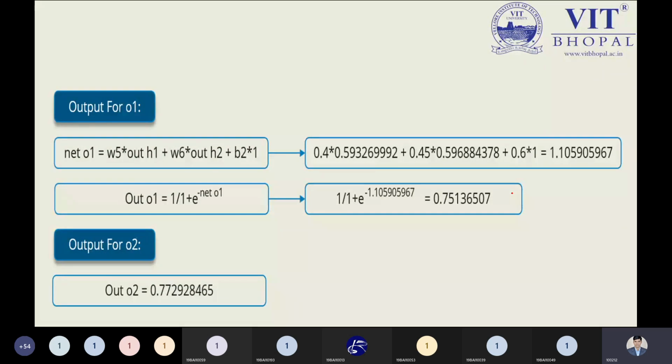Just how we can calculate it by using our activation function, a simple formula. Out O1 will be calculated using our logistic function, that is 1/(1 plus e to the power of minus x). Here you can use any one of the activation functions as we have discussed in our previous class. So you can use a ReLU, but is it required to use ReLU?